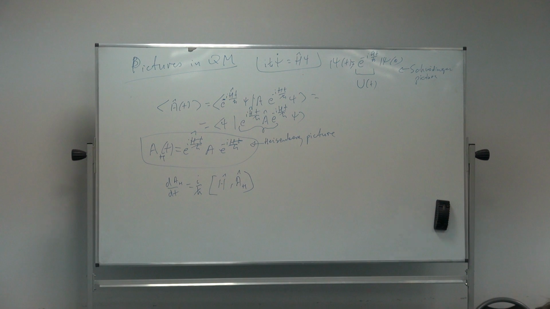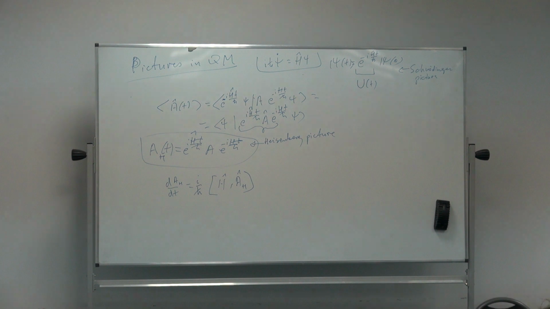Because I can probably safely assume that all of you went through a very reasonable high-level course in classical mechanics, and you probably know that in classical mechanics there are many different equivalent ways of describing dynamics, and one of them is, first, the canonical formulation, and second, with the help of Poisson brackets.